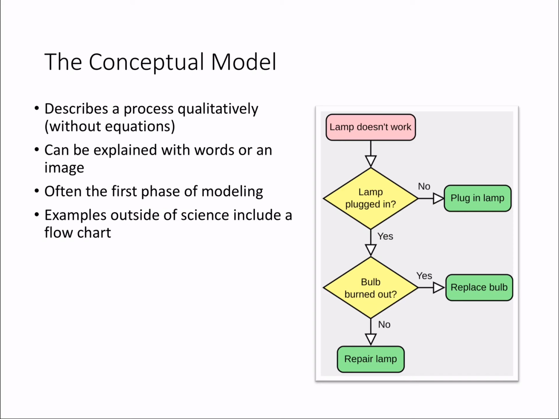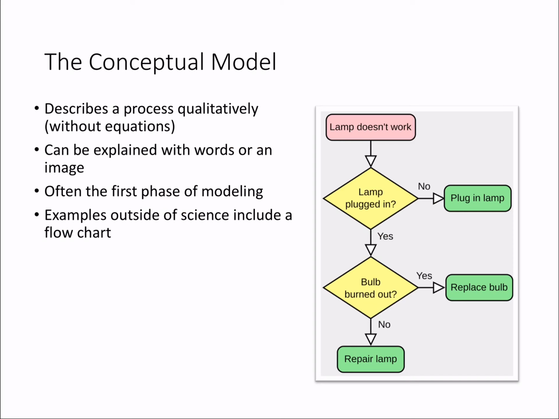All these are types of conceptual models. It's often the first phase of modeling, so a lot of times scientists will come up with a conceptual model before they make an analytical or a numerical model, so that they can make sure they fully understand all the parts of the model and how they influence the total process.